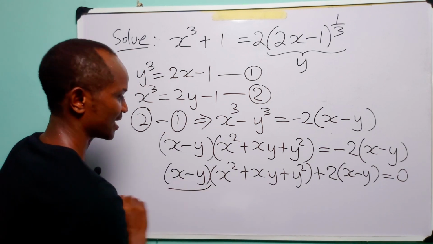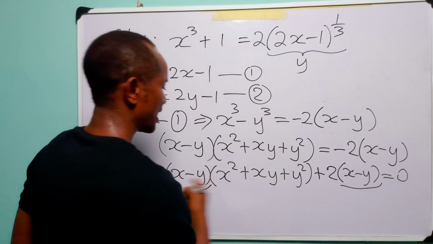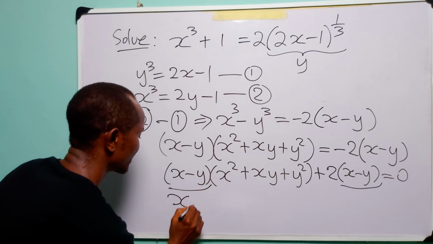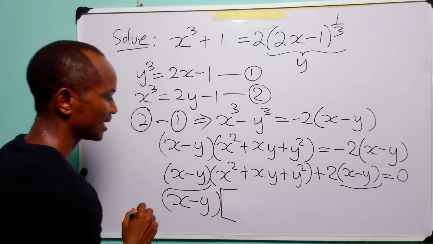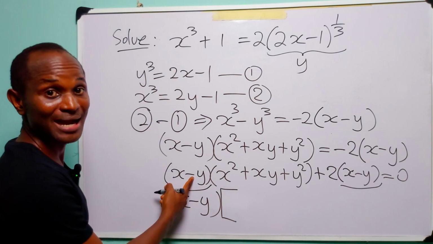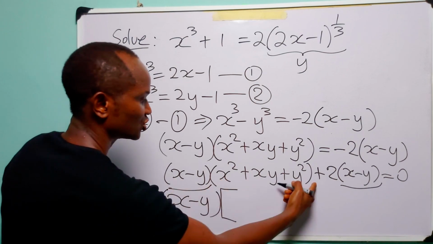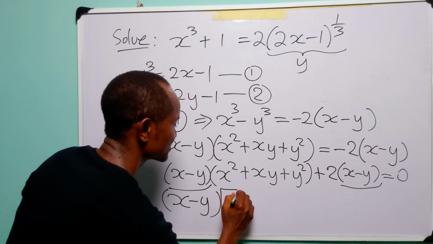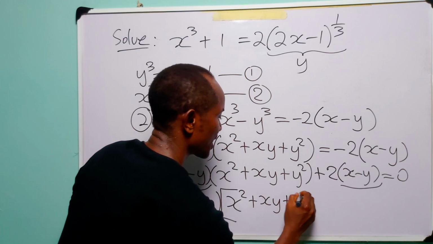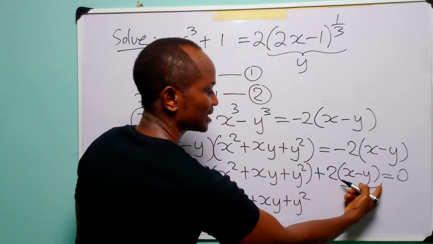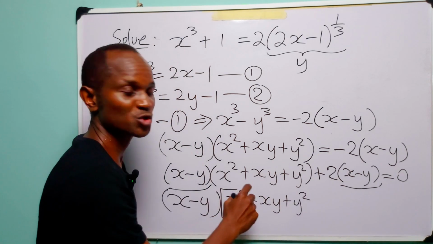Now we have x minus y and we have x minus y, so we can factorize. And when we do that, we have (x minus y) into, now when we take away x minus y from this statement, we have just this left, that is x squared plus xy plus y squared. And when we take away x minus y from this statement, we have just plus 2 left.